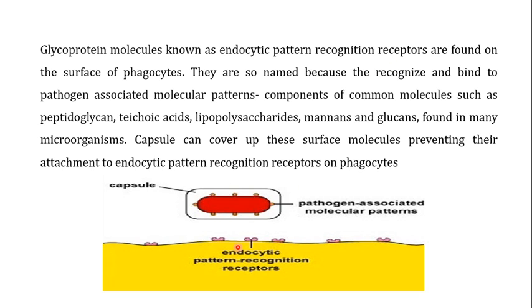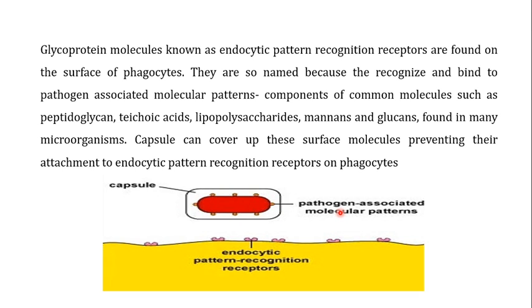You can see over here the endocytic pattern recognition receptors, which are present on the neutrophils. What these endocytic pattern recognition receptors do is recognize the pathogen associated molecular patterns present on the cell wall of the bacteria over here.